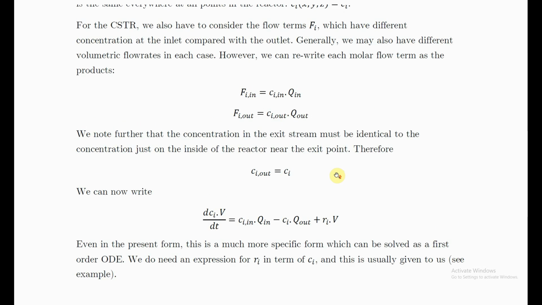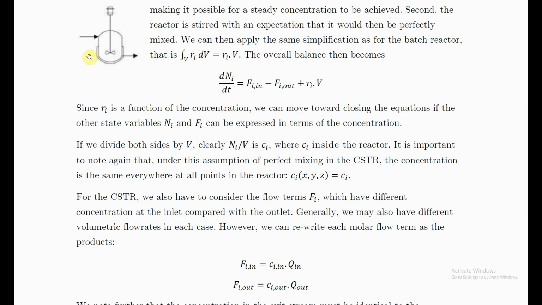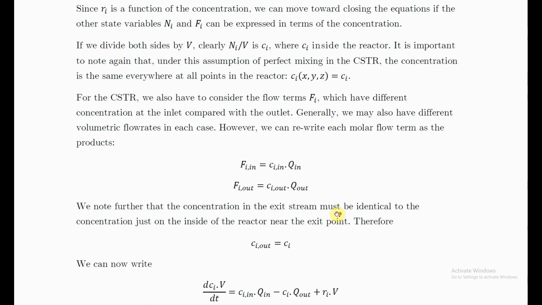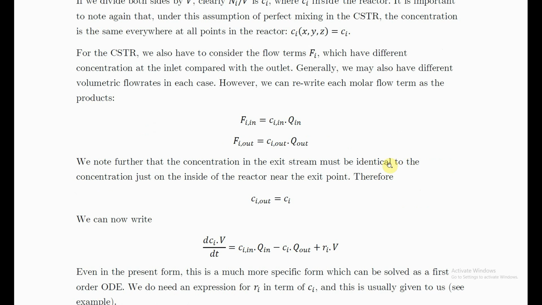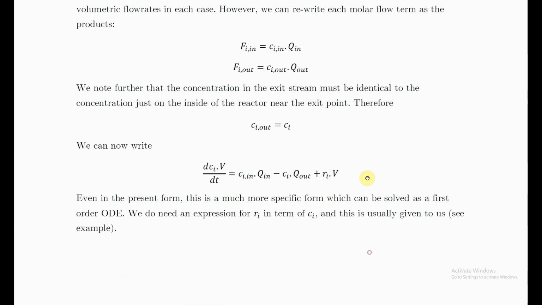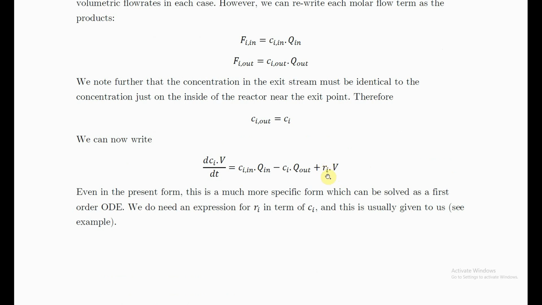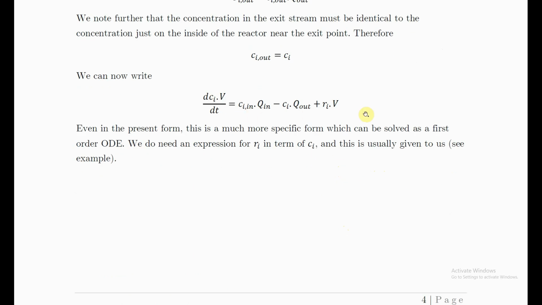So it doesn't matter to nature whether the reaction is happening in this CSTR, or in a batch reactor, or in a little puddle on the ground somewhere. As long as those concentrations apply, then nature has its rules, and it says, well, then this is the rate at which everything's going to react. So we unpack the Ri term in exactly the same way for the CSTR as we did for the batch reactor. So that's the balance we have now, and so we can go ahead and solve this.